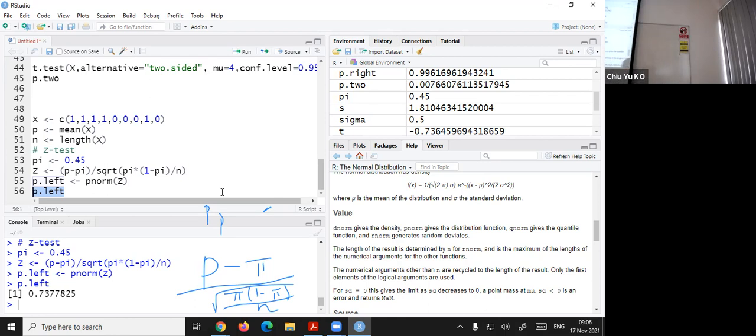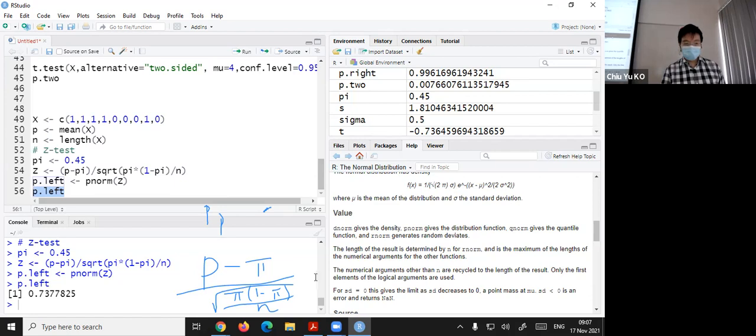So the P norm is just the NORM.S.INV in our Excel. Okay, is there any question?